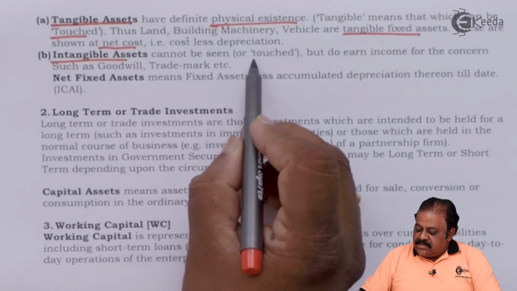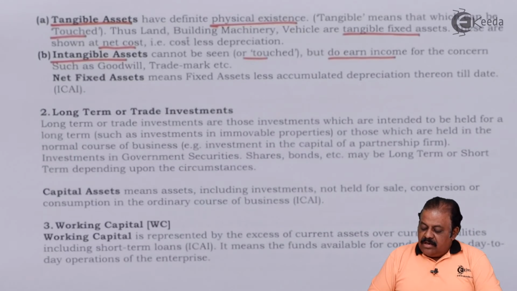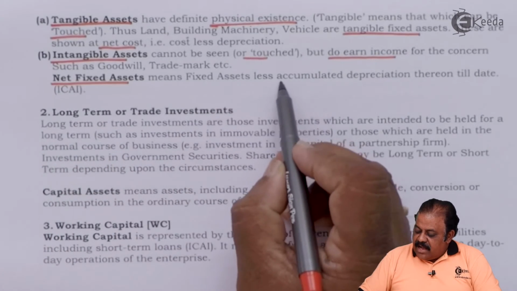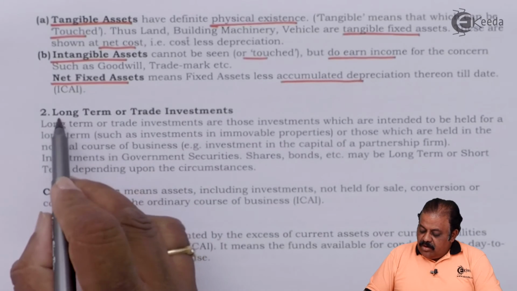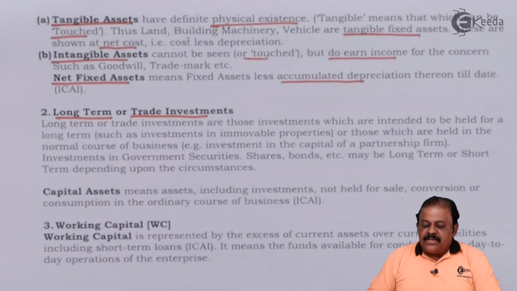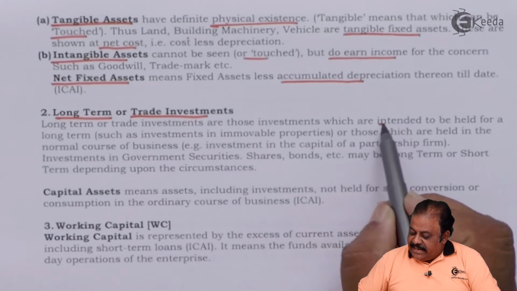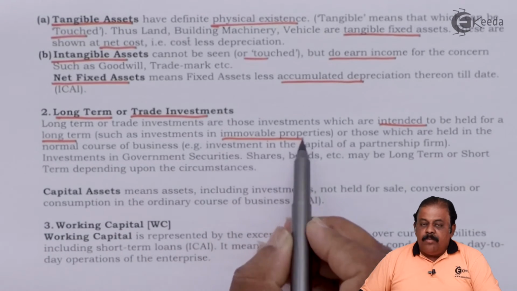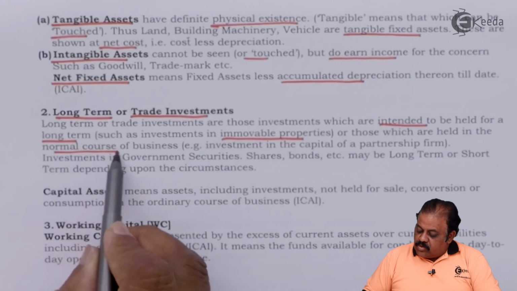Intangible assets cannot be seen or touched but do earn income for the concern, like goodwill, trademarks, patents, designs, etc. Net fixed assets means fixed assets less accumulated depreciation thereon till the date. Long-term or trade investments are those investments which are intended to be held for a long term, such as investment in immovable properties, or those which are held in the normal course of business.